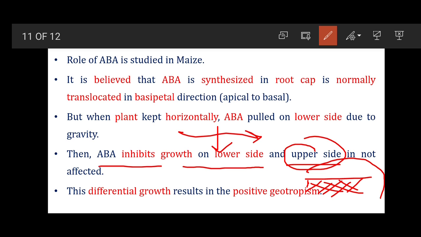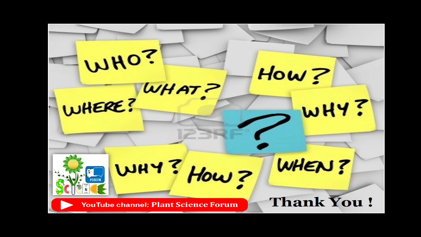Now this could be understood by the effect of abscisic acid, because abscisic acid is also accumulating on the lower side, because of which there is an inhibition of growth, and ultimately the upper portion will exhibit growth. So this differential growth results in the geotropic movement. So this is all about the tropic movements, and in particular we have discussed phototropism and geotropism.